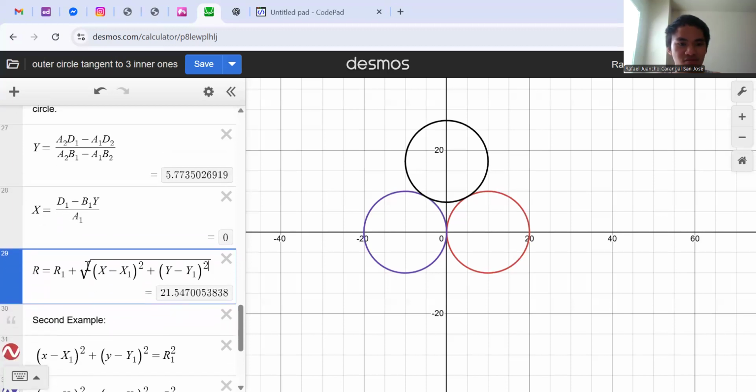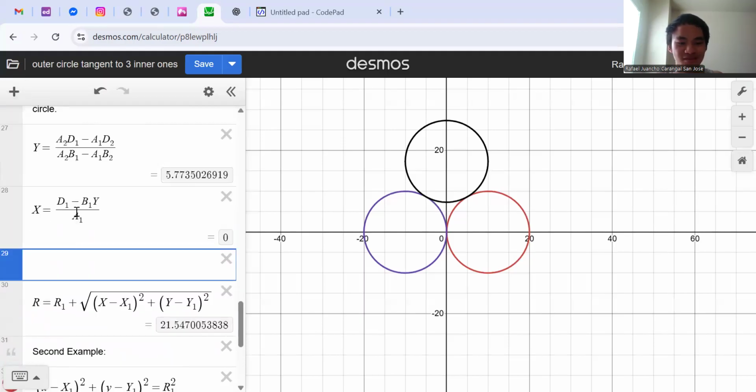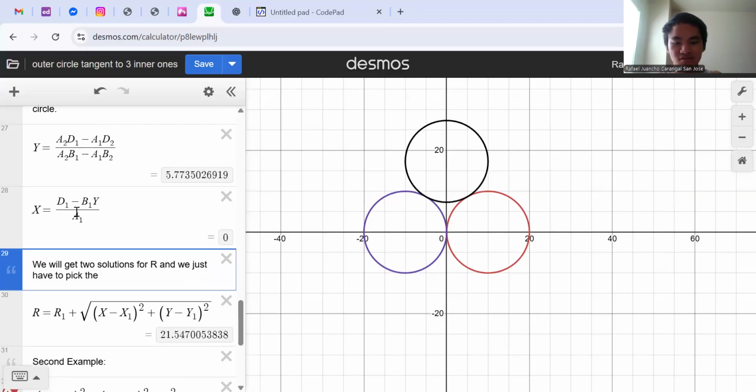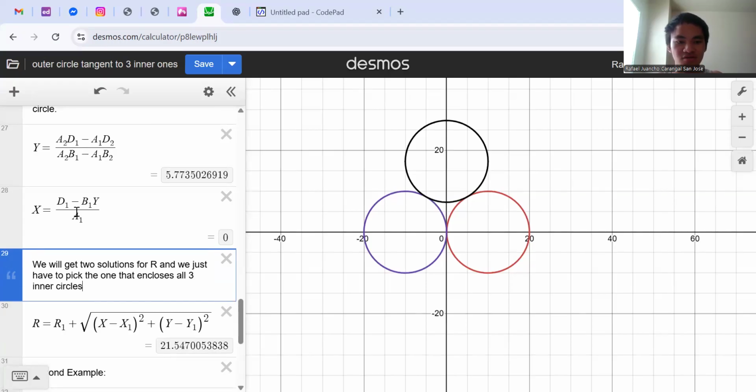And usually, okay, so maybe another assumption. So we will get two expressions, or two solutions for R, and we just have the one that I guess encloses all three inner circles, right?